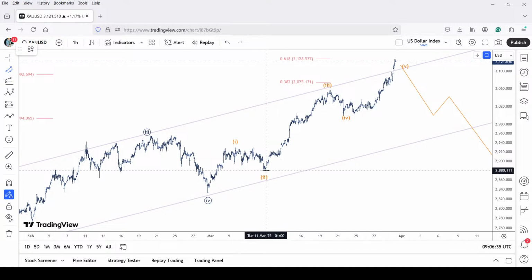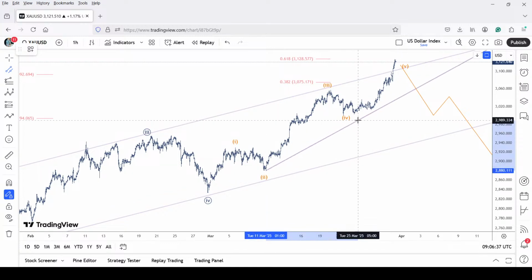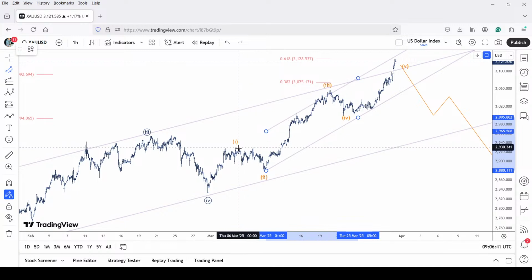Let's also try through the first wave. In case the third wave is extended, sometimes it works through the wave 1.